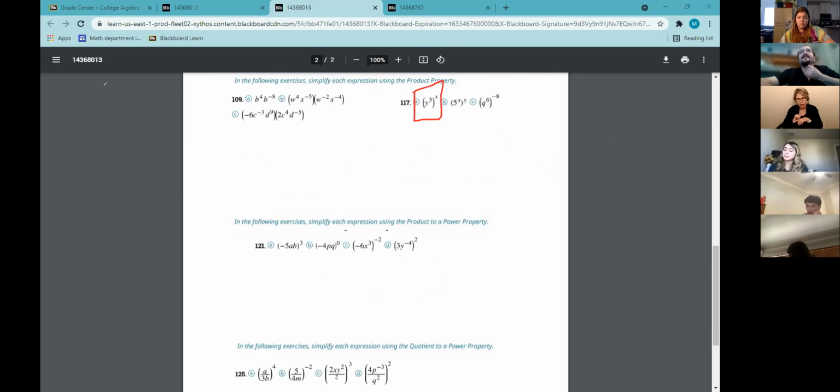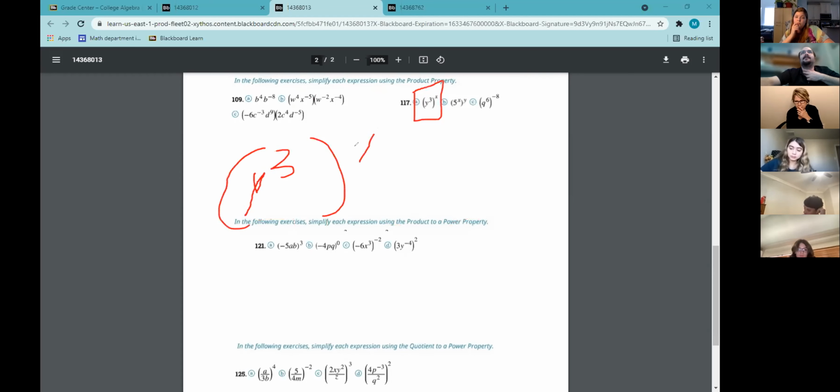All right, so Gania, if we have y to the 3rd and we raise that to the x, what am I doing to this thing? Is it 117 part A, y to the 3rd, and we raise that to the x?